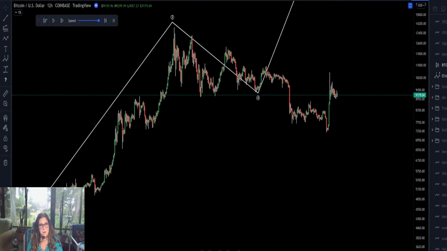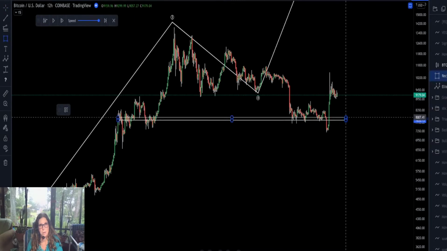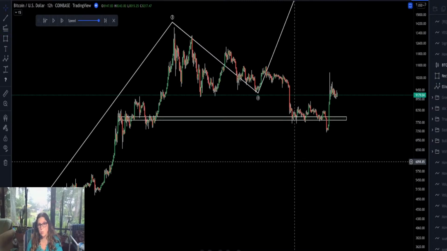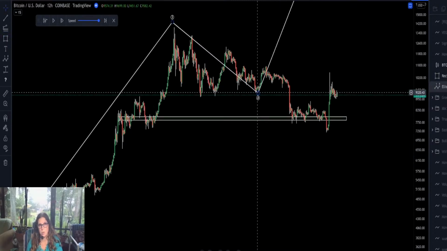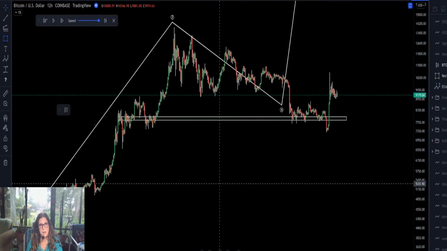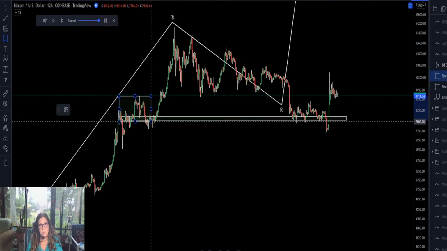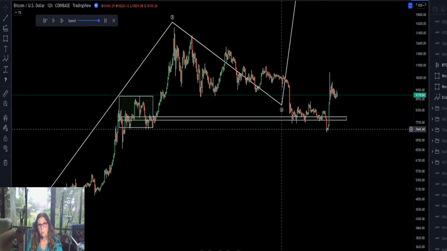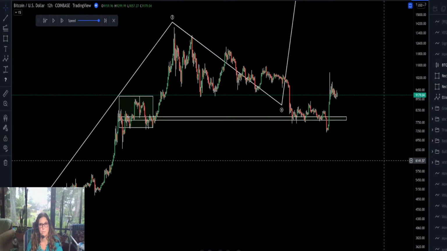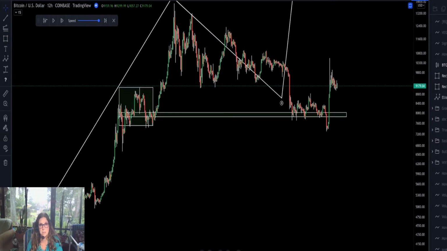So there was this area here, just like the 30K area that we didn't want to break. We were looking at this as being a 4th wave. We were coming right into the 4th like we're doing now. We were consolidating just like we're doing now, making 3s.